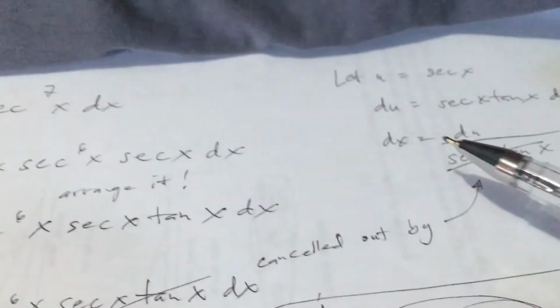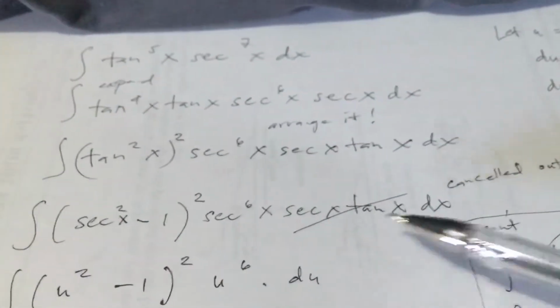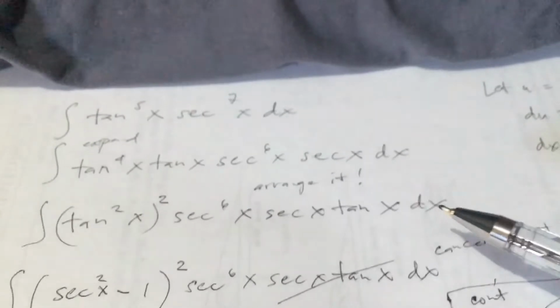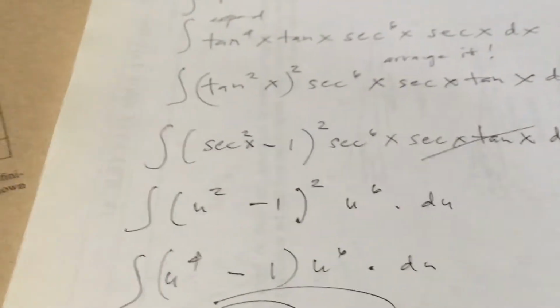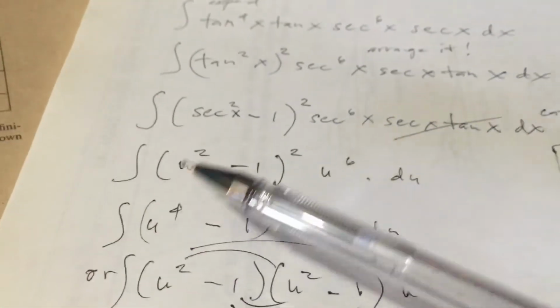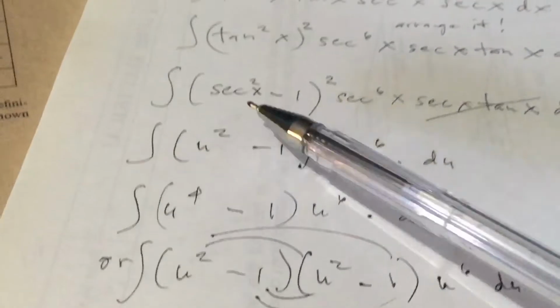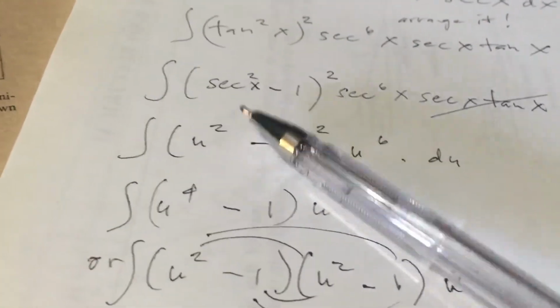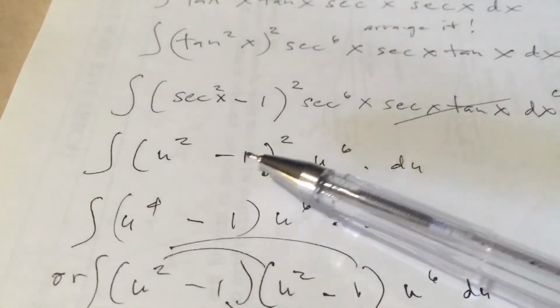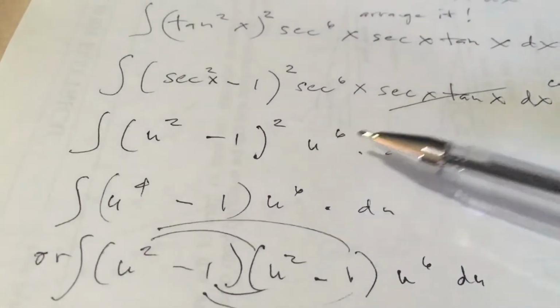It was cancelled because we are going to assume that it is already substituted here, so that's why it cancels out. And the next step would be, place the u here in place of the secant: u raised to the second power minus 1 with the same format.